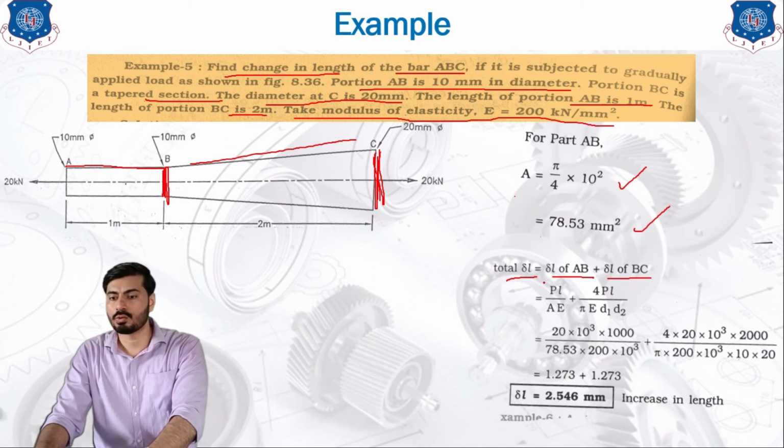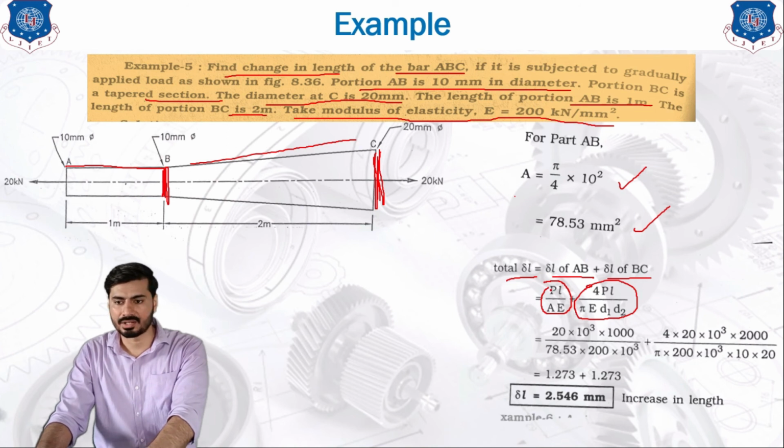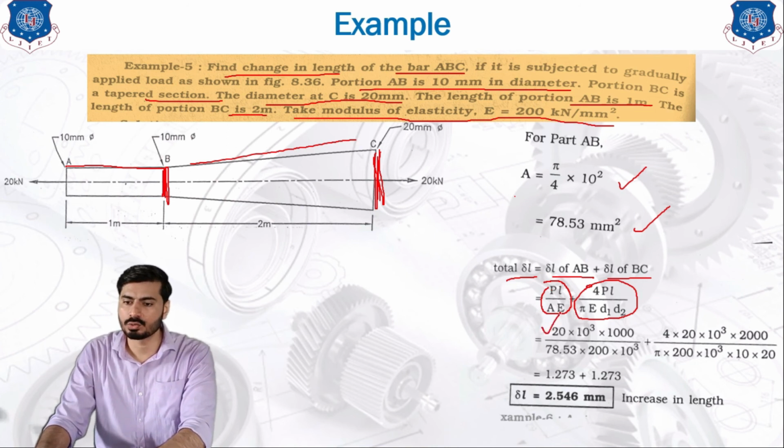For that, we are going to apply the basic equation for AB, which is PL upon AE, and the basic equation of the varying section, which we derived in the previous slide, that is 4PL upon pi E d1 into d2. We have each and every parameter: P is 20 into 10 raised to 3. L for the first part is 1 meter, which we have converted into mm, 1000 mm. Area is calculated and E is also given.